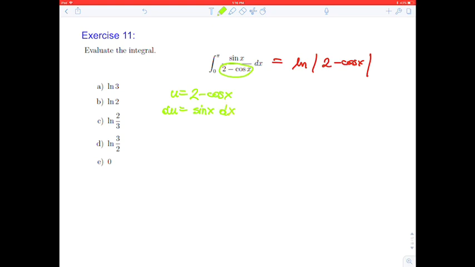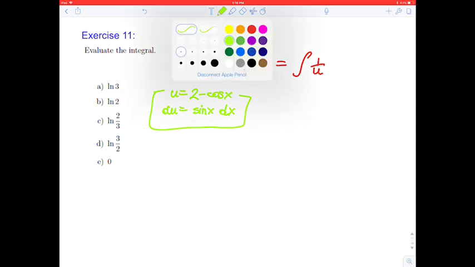Okay, that means now we can see that sine of x dx is simply du. That means what we have? We have 1 over u and sine of x dx. I can still group this as du.